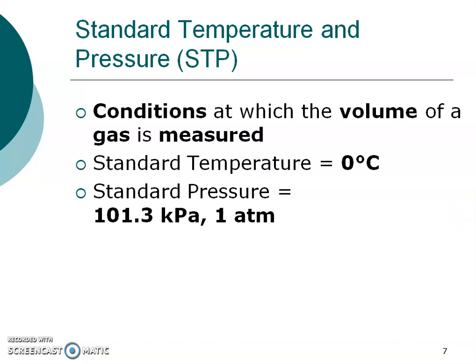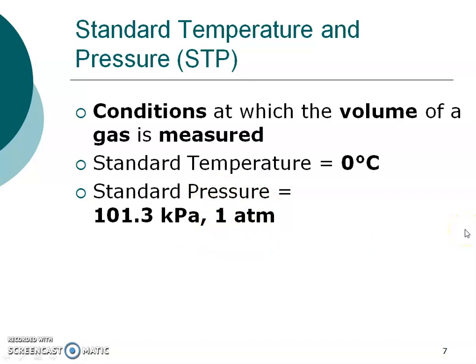So we've talked about STP a couple of times now, standard temperature and pressure. These are the conditions at which the volume of a gas is measured: 0 degrees Celsius, and for pressure, it's 101.3 kPa, which is an abbreviation for kilopascals, and 1 atm, an abbreviation for atmospheres.